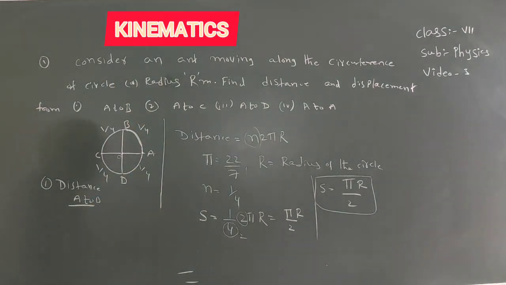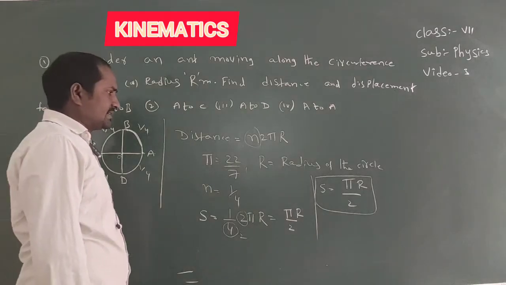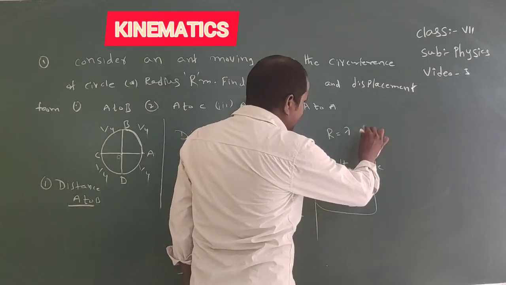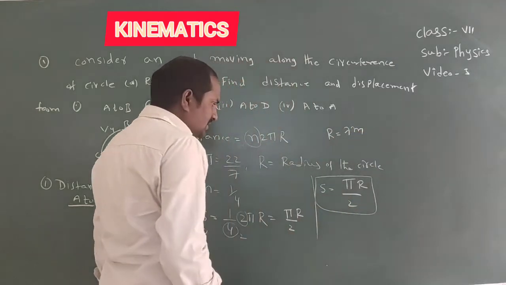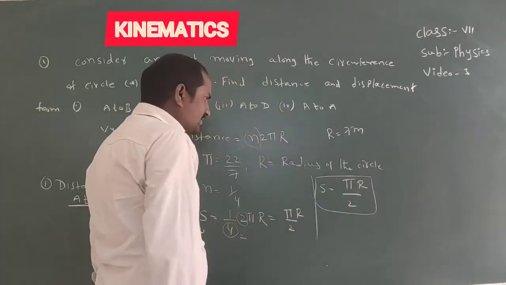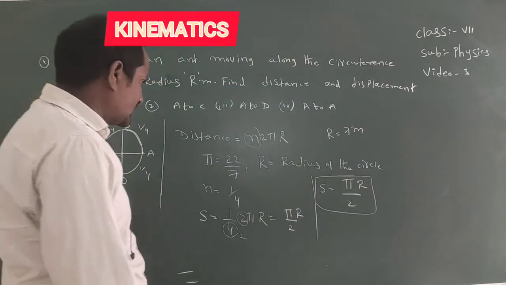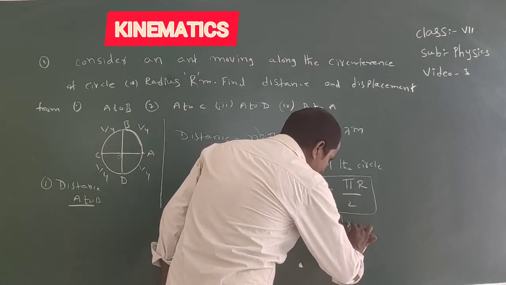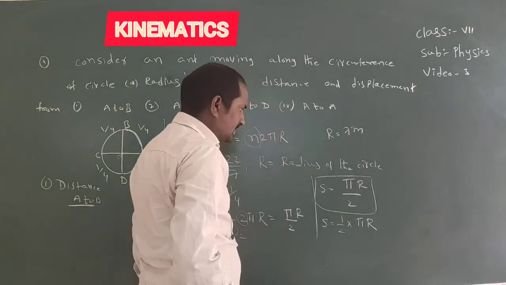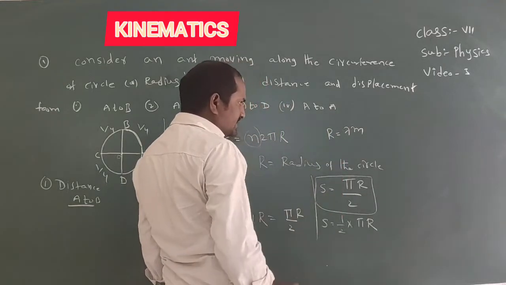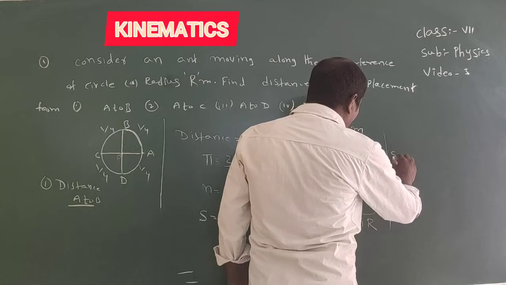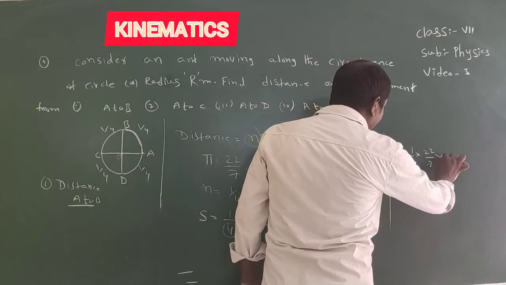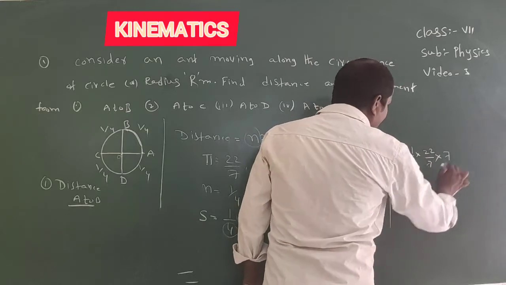For example, radius r equals 7 meters. Now substitute: pi is 22 by 7. So s equals 1 by 2 into pi, 22 by 7, into radius 7 meters.